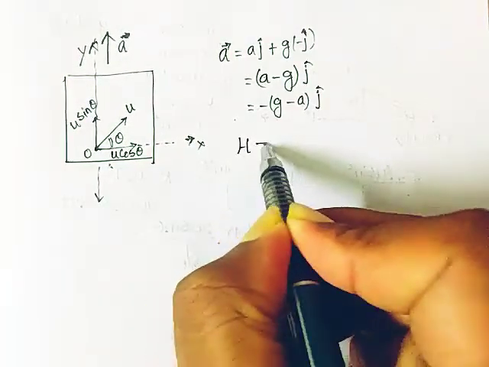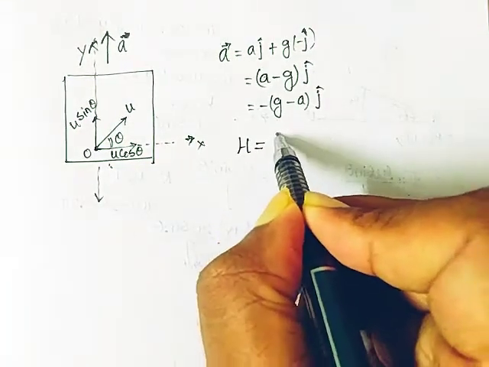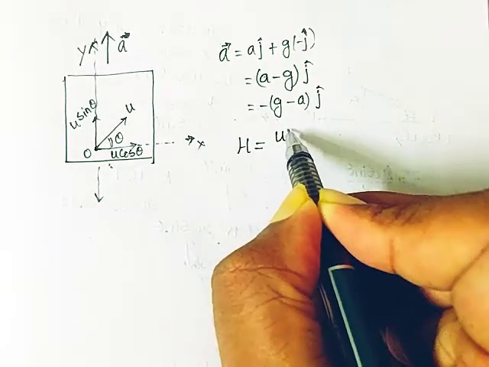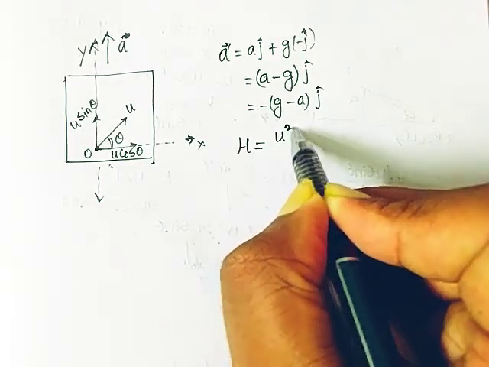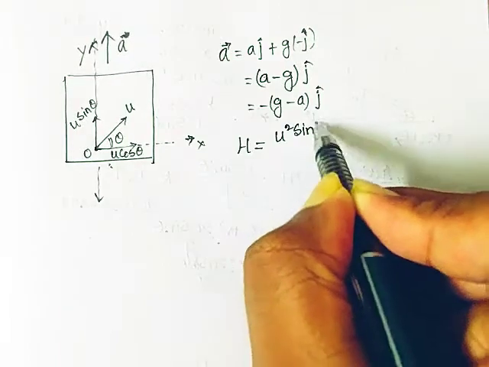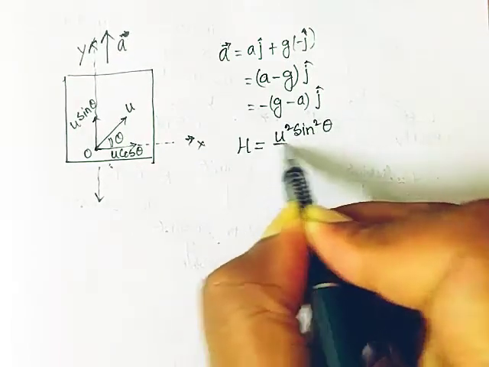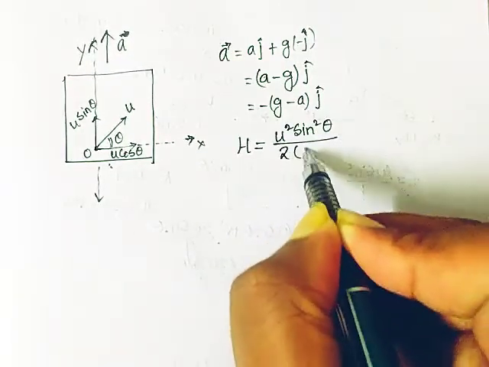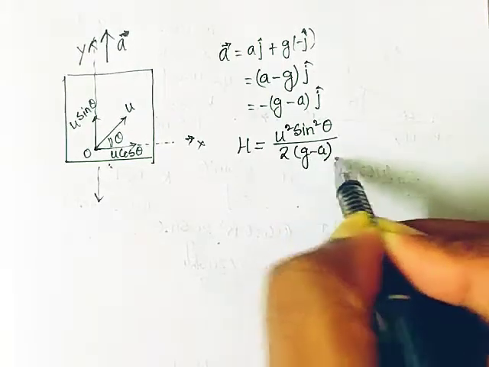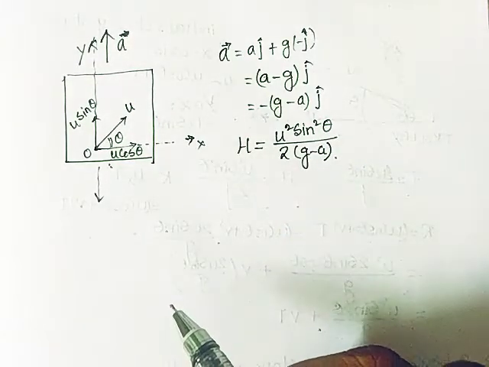So the maximum height is u square sine square theta divided by 2 into g minus a. This will be the maximum height.